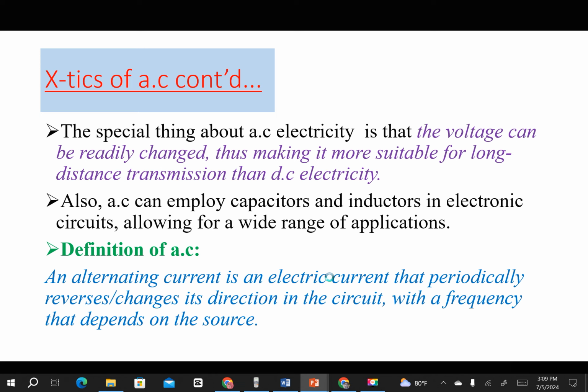In some countries, alternating current is generated at a frequency of 50 hertz. I think that is most of the countries. In other countries, alternating current is generated at a frequency of 60. So it depends on the country's demand. So they design alternating current generators which generate alternating current at different frequencies depending on what the country wants.